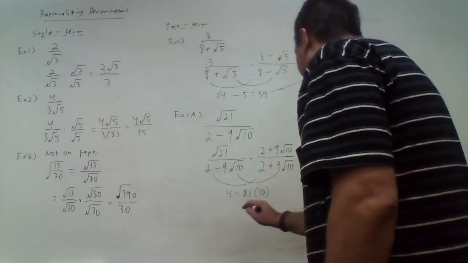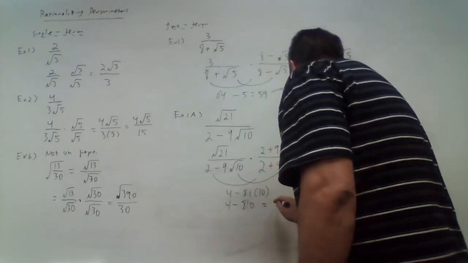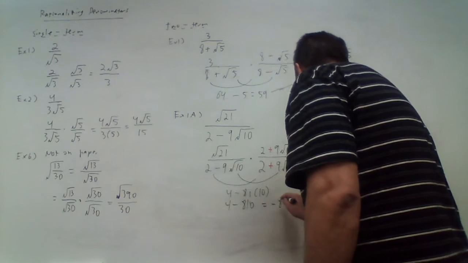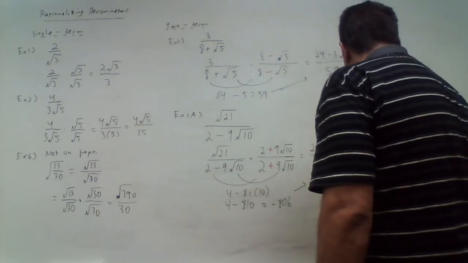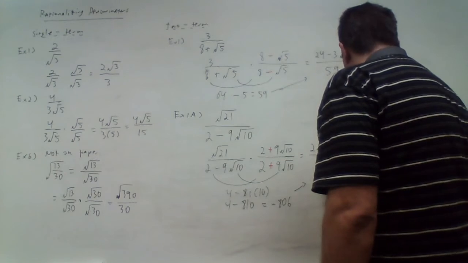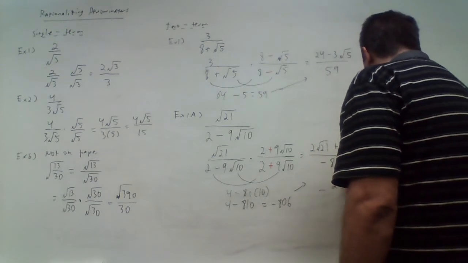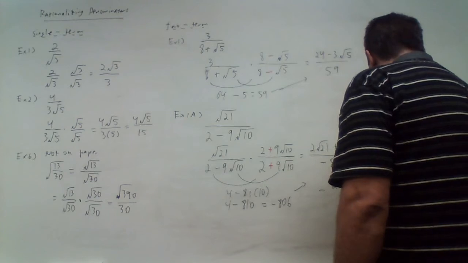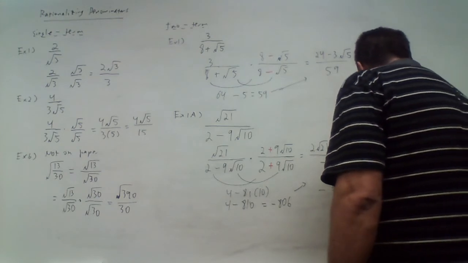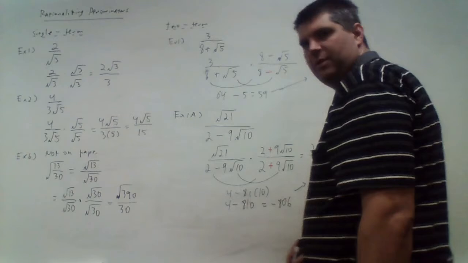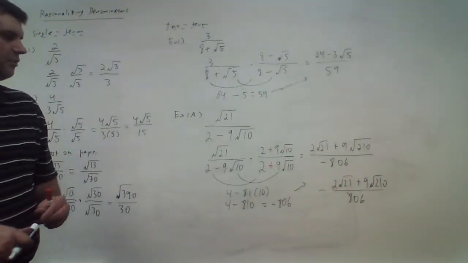Okay, so you will have 4 minus 810, which is negative 806. You can also move the negative to the middle if you wish. Okay, but that's the gist of what it is you're doing.